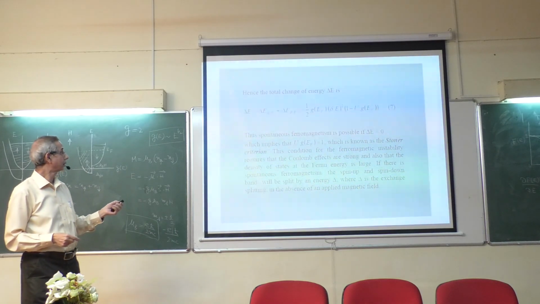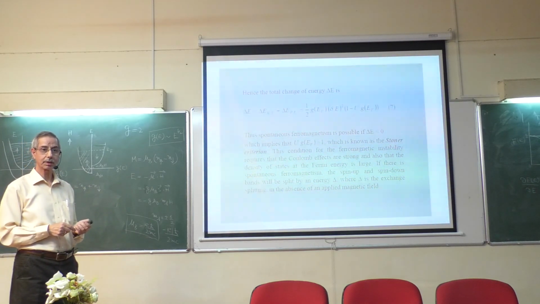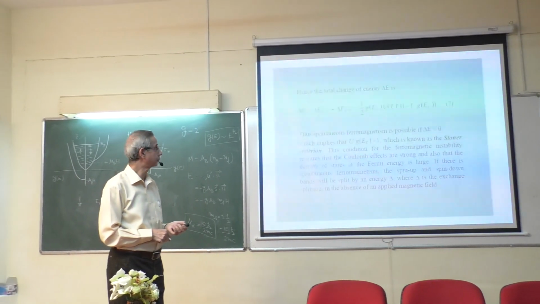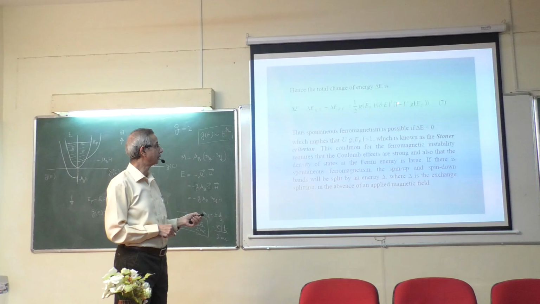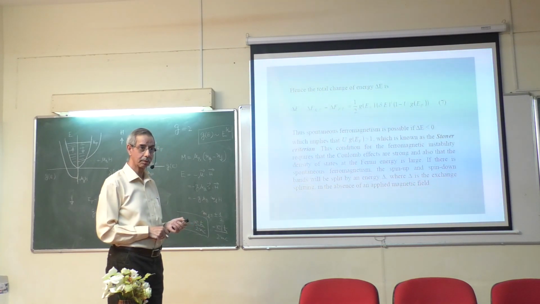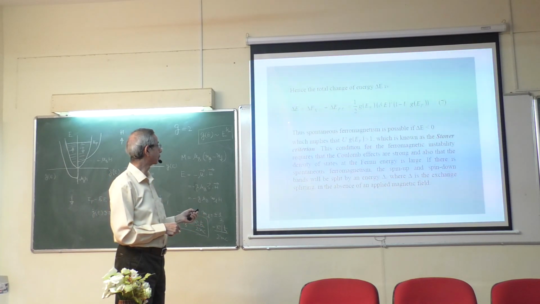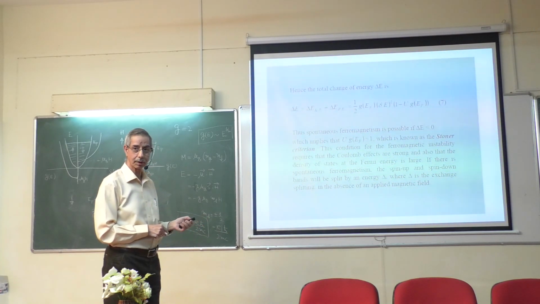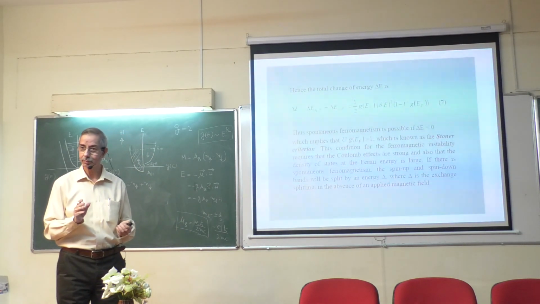Obviously, if this delta E, which is the sum of these two, is negative, less than 0, that would mean this should be greater than 1. This should be greater than 1 for this change to be negative. So in that case only the magnetic state can survive.